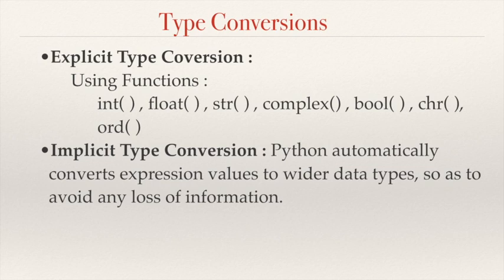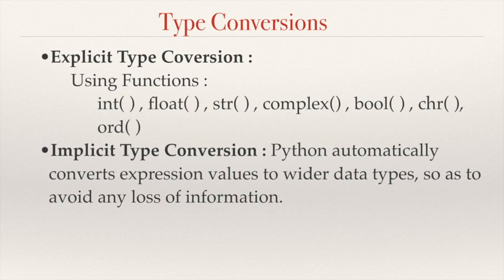The int function. The int function converts any float or string having digits or boolean as its argument into an integer value. The float function converts any int or string having digits or boolean as its argument into a floating point decimal value.